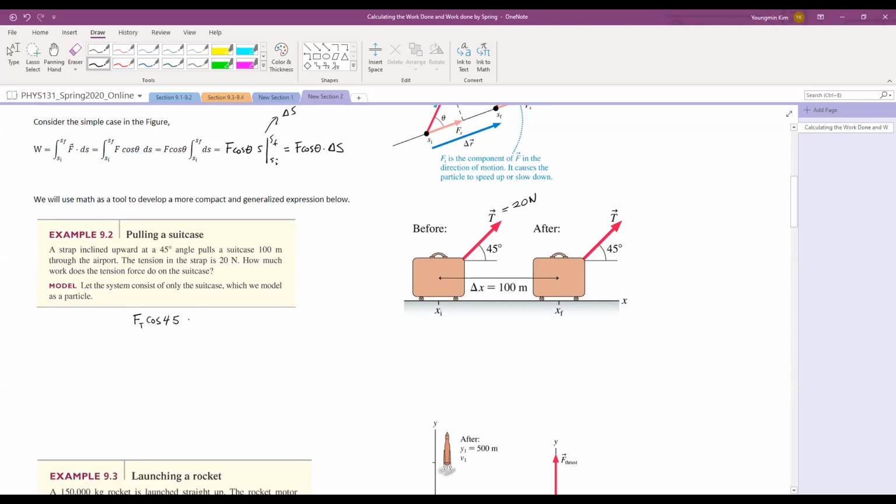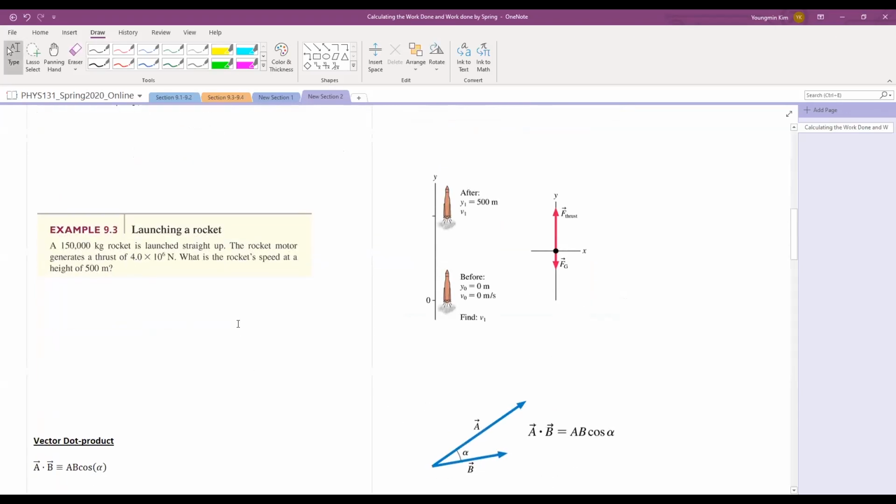And that is then multiplied by the displacement, which is delta x here, and that would be equal to the work done by the tension. So just plug it in here, 20 Newton cosine 45 times 100 will give you the work done by the tension, and then you can plug that into a calculator, and we're done. Okay, so nothing new, a very simple step further from the previous lecture.